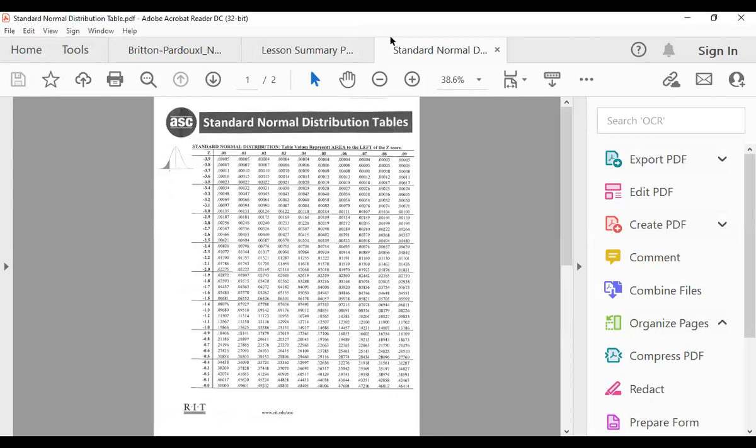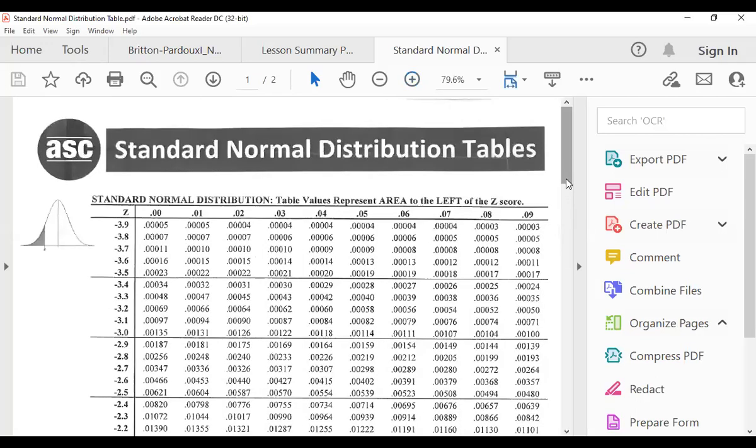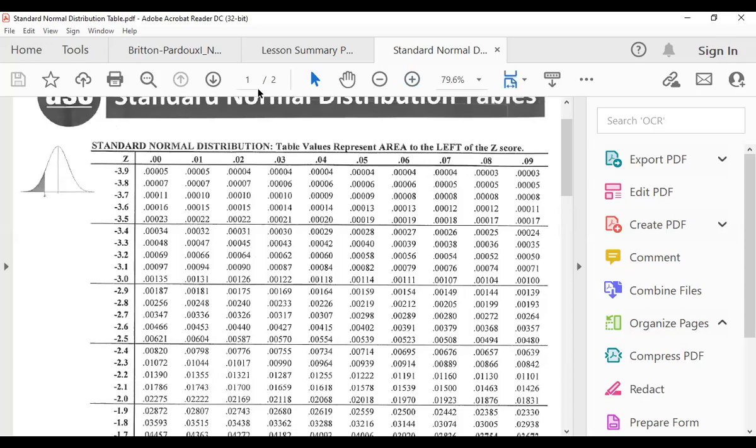Okay. Yeah, so that's the standard normal table. Good. And we are looking for 0.025. That is the probability we're looking for.